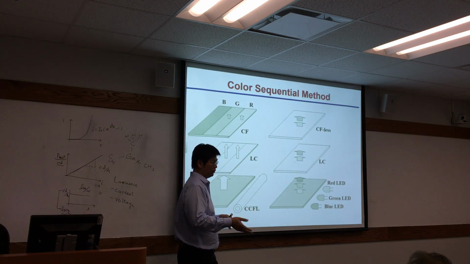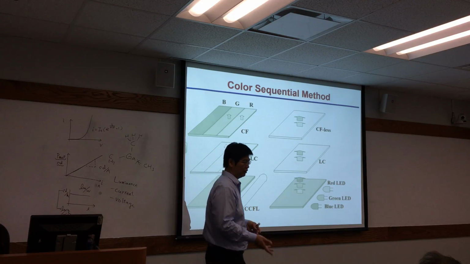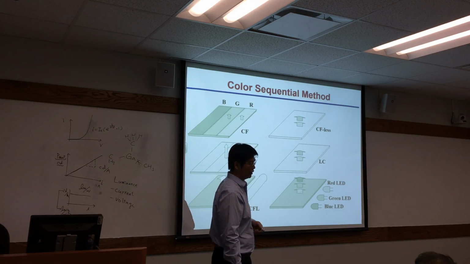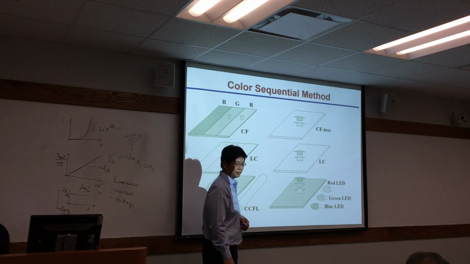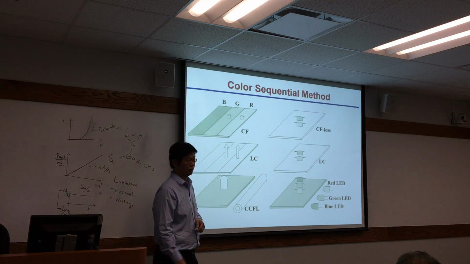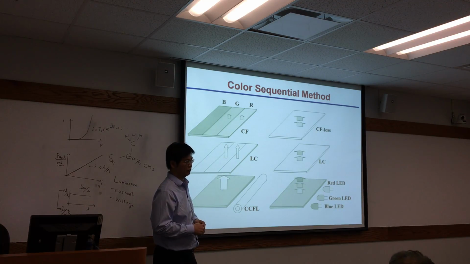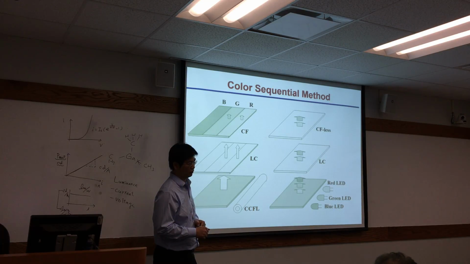So right now, in Europe, they don't like that. Oh, okay. And also there's a big blue-green light leakage and yellow light leakage through the color filters. So now it's basically all replaced by white LED or RGB LEDs. Okay, okay.